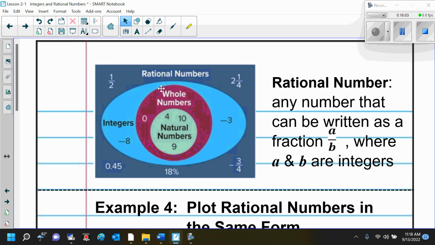That means that whole numbers are integers and they are rational numbers. You see? They're all in the same set. And of course, natural numbers, 1, 2, 3, 4, 5, and things like that, are whole numbers. Whole numbers are also integers, and integers are also rational numbers. Is everybody clear with that?